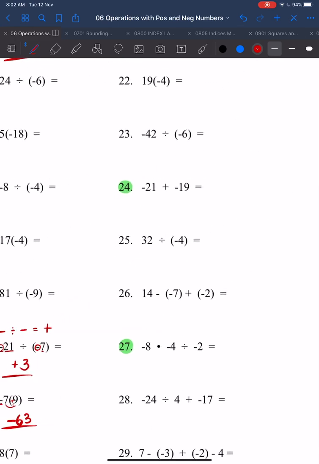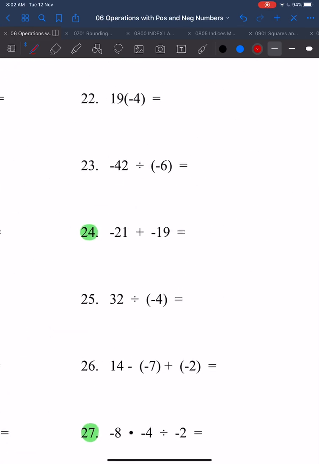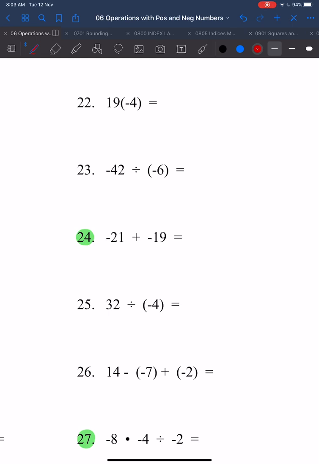Okay? Now let's look at this one. Negative 21 plus negative 19. Again, there's an invisible 1 there. So it's asking you positive 1 times negative 19. So remember, positive times negative equals negative.